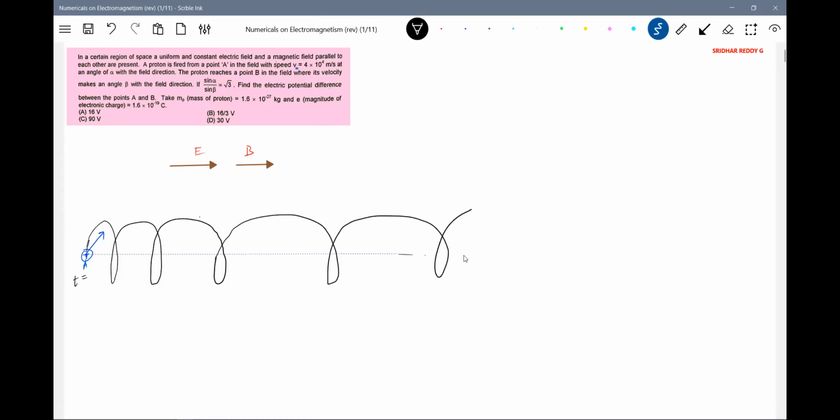At t equals 0 it is projected. At some certain time t, its velocity will make an angle beta with the field direction.